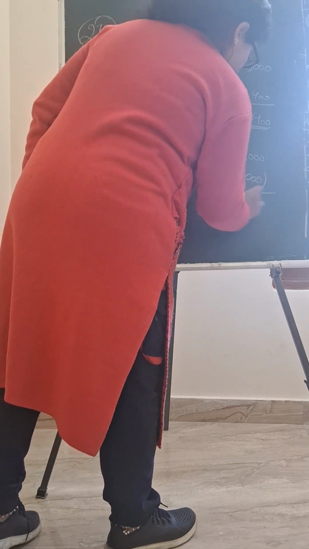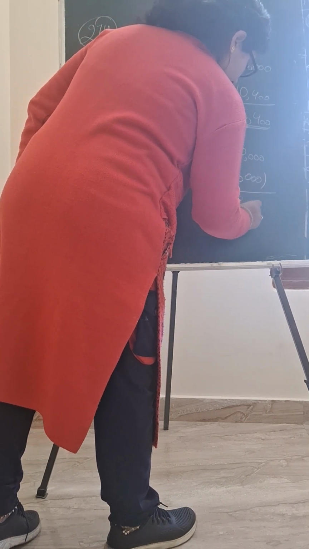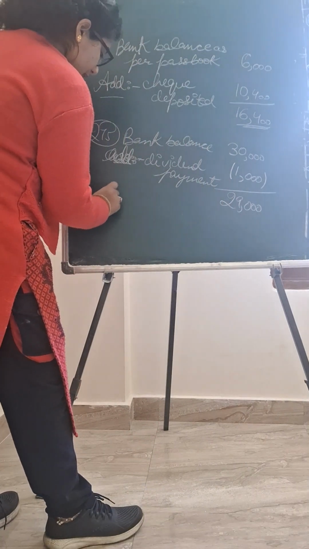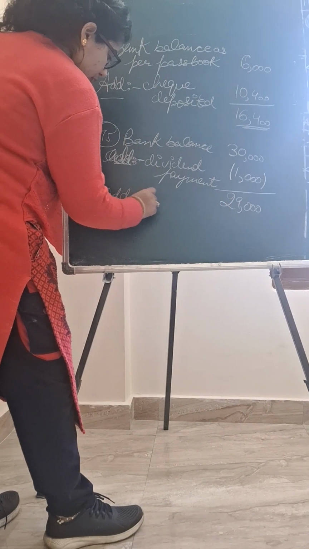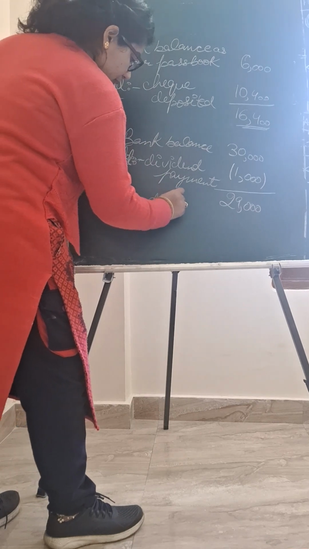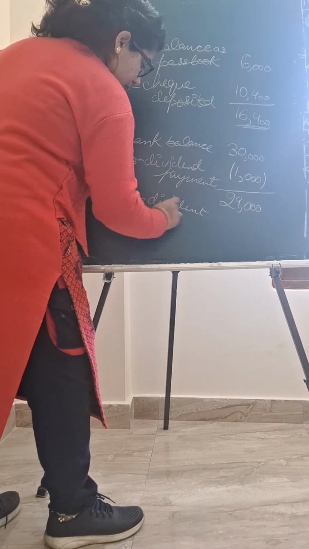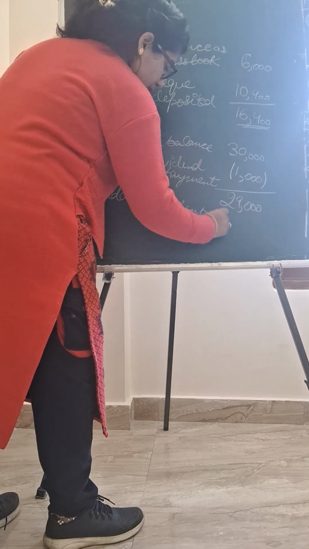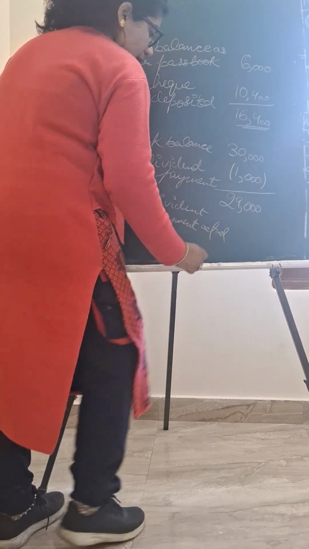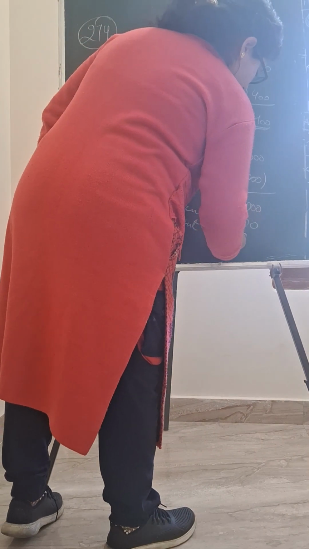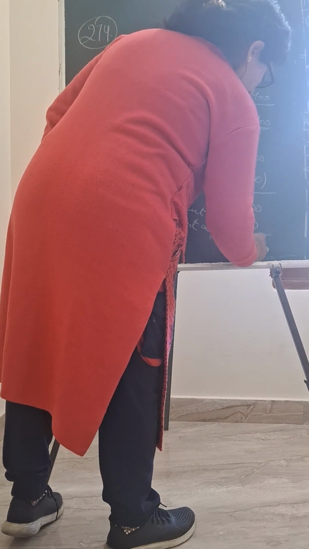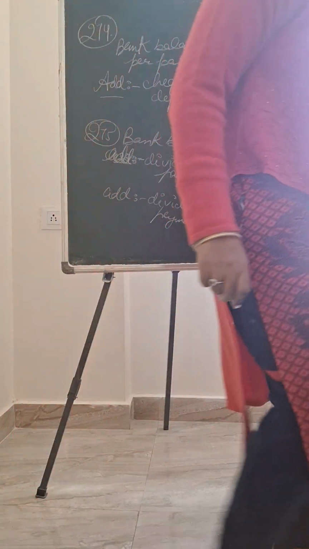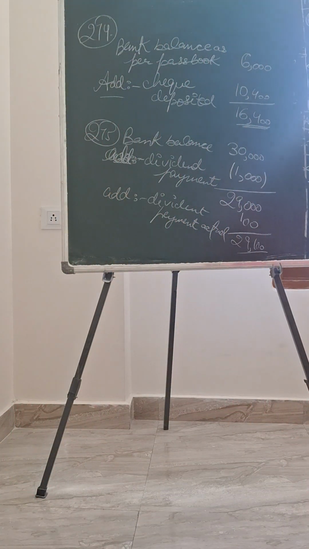That is why I have written minus. That is 29,000. Then we will add the actual dividend payment, that is rupees 100. So the balance as per cash book is equal to 29,100. It is correct.